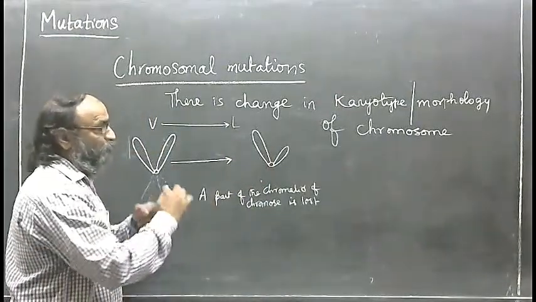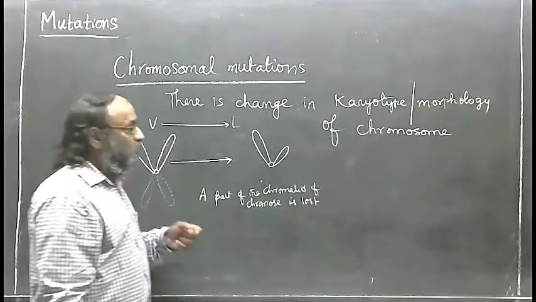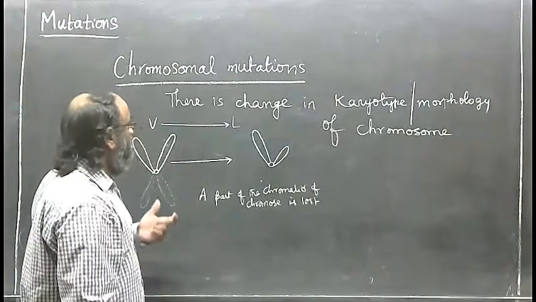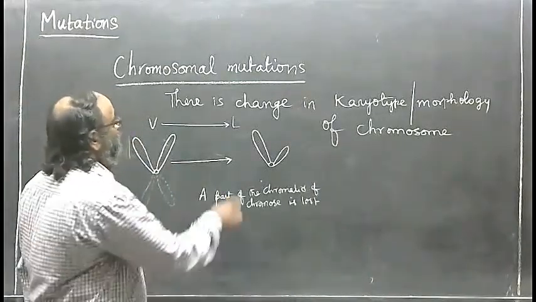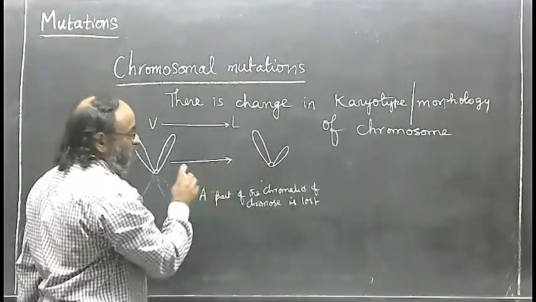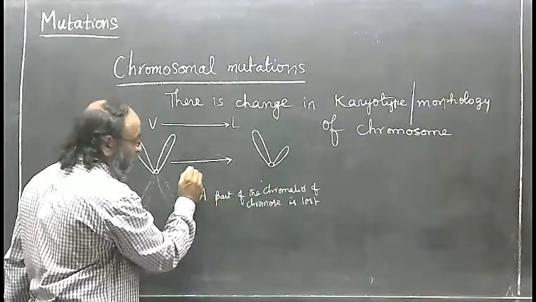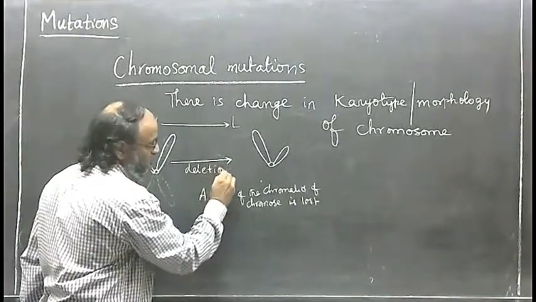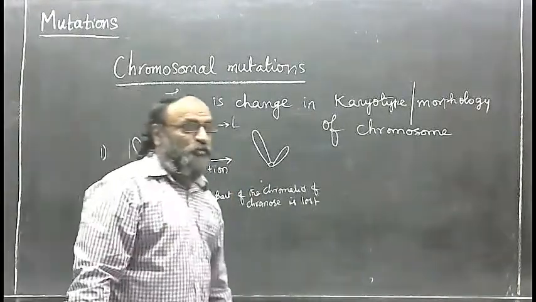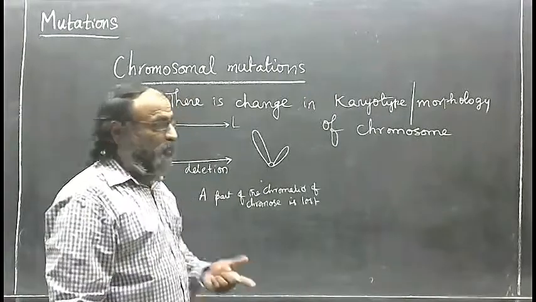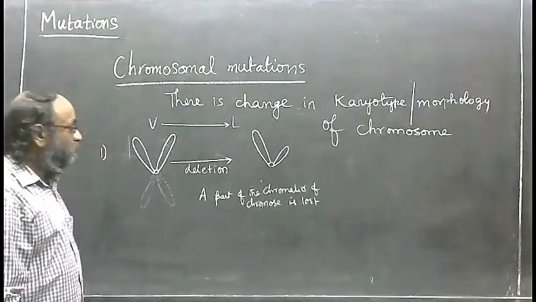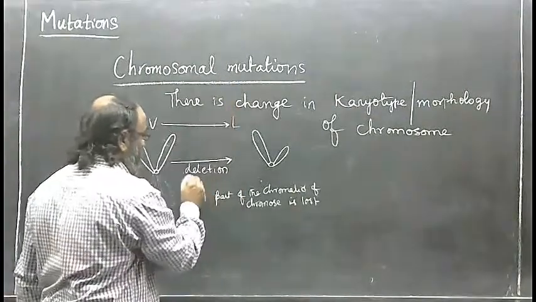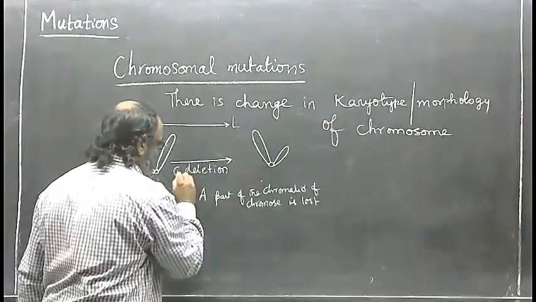That means there is a change in its structure or morphology. It is chromosomal mutation by deletion. This is one type of chromosomal mutation by deletion.